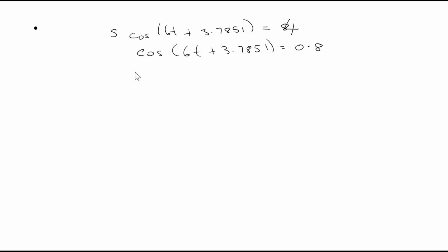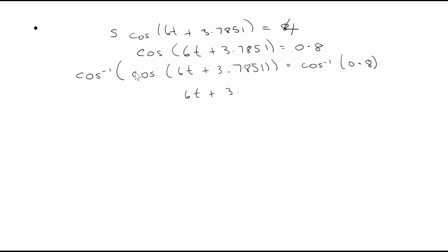We can take inverse cos of each side. And then we get that 6t plus 3.7851 equals cos inverse 0.8.